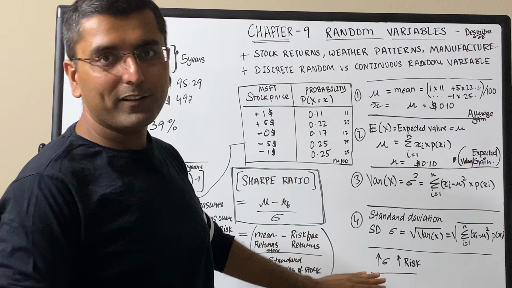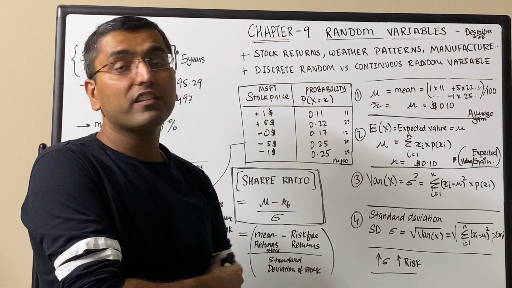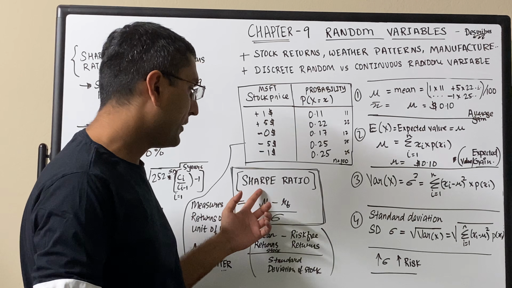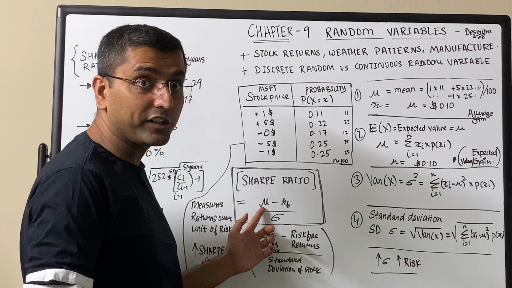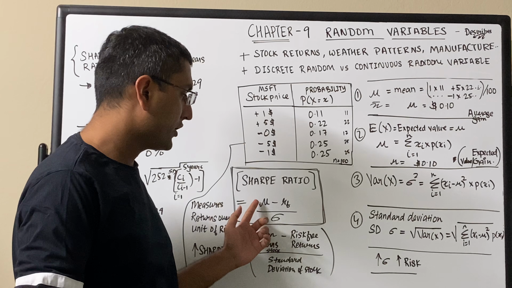If we add up all of this learning into one ratio, which will tell you the risk-reward of an investment, right? That is the Sharpe ratio. Sharpe ratio is basically the expected return minus the risk-free return, divided by the standard deviation of that investment.